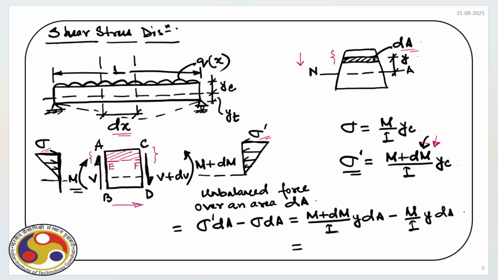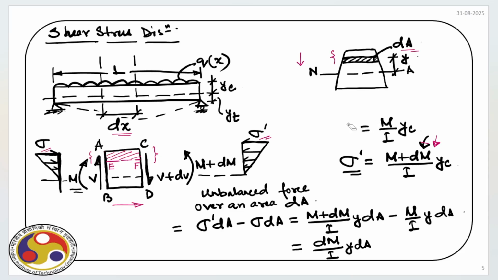Obviously, the unbalanced force we get is dM divided by I times y dA. This is the unbalanced force as we move from AB to CD.